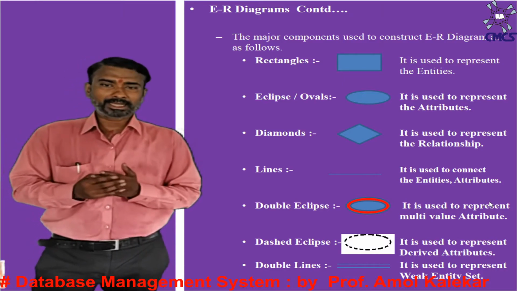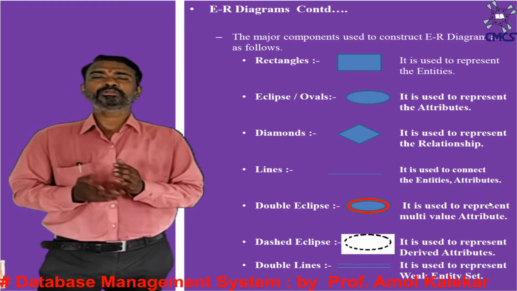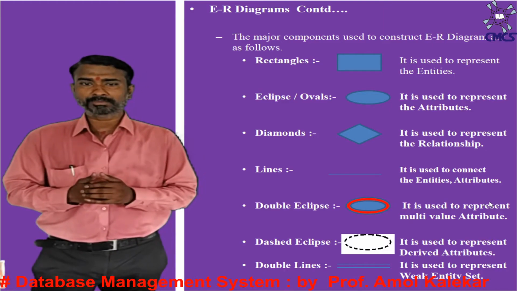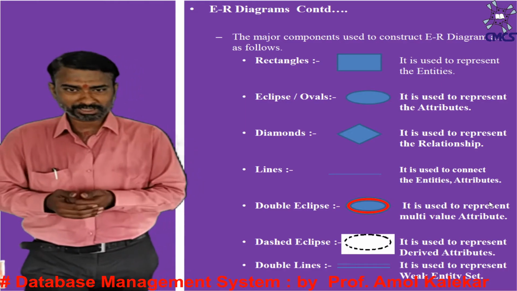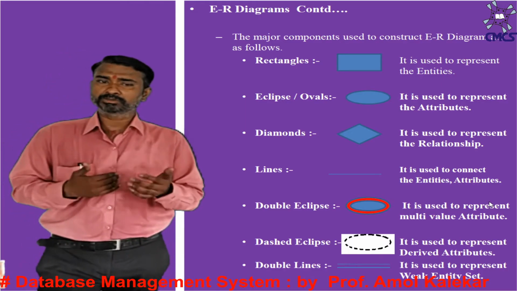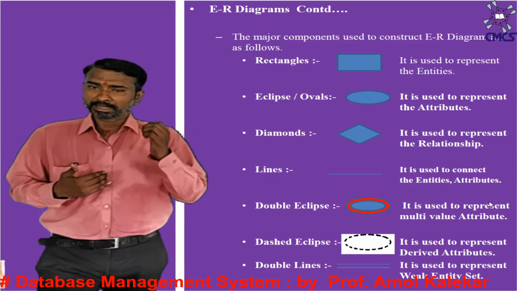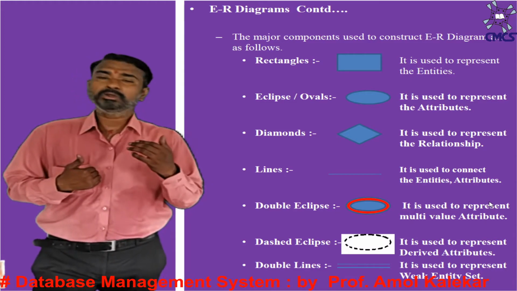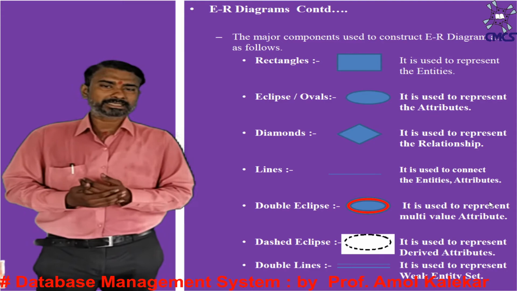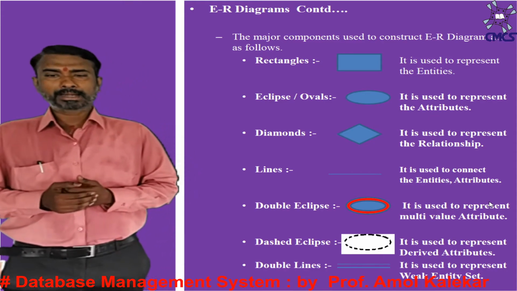Then after ellipses or ovals are used to represent the attributes. Diamonds are used to represent the relationship. Lines are used to connect the attributes and the entities with each other. Double ellipse is used for a multivalued attribute. Dashed ellipse is used to represent the derived attribute, and double lines is used to represent the weak entity set. So these are the variety of symbols that are used in the ER diagrams.